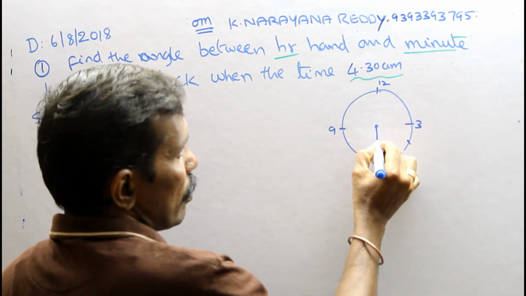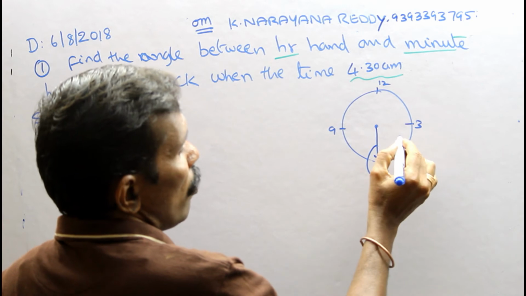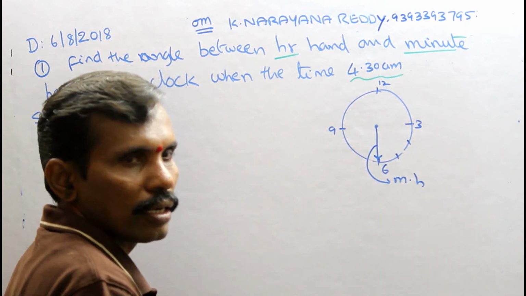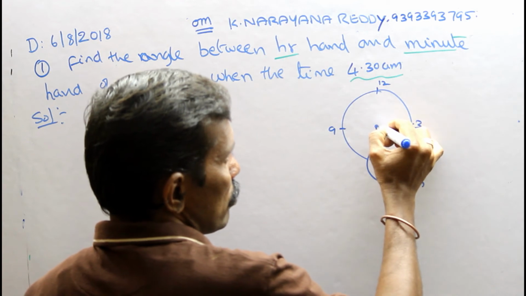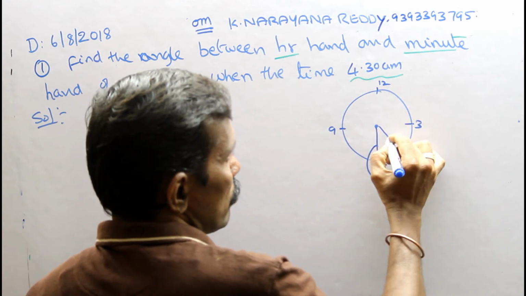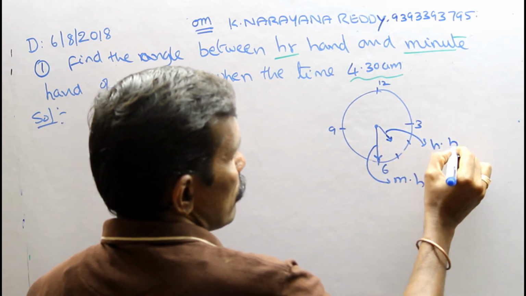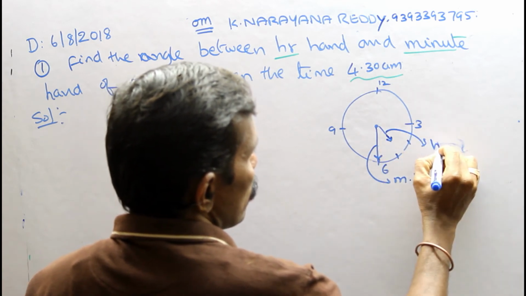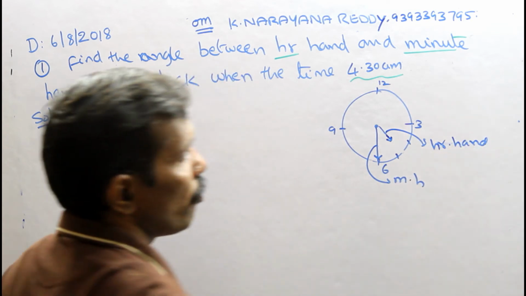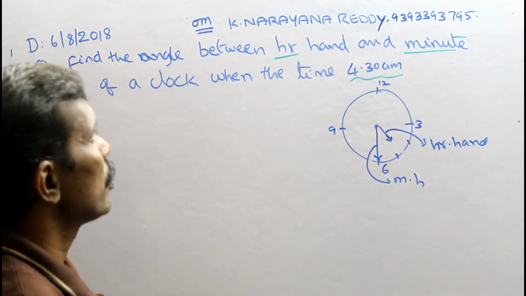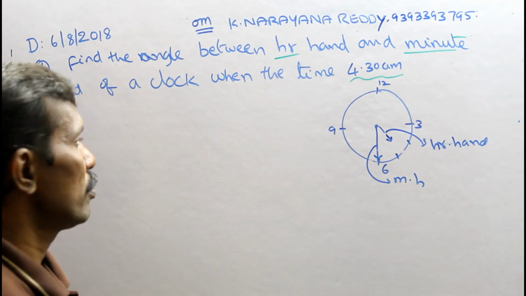The minute hand is here, this is the minute hand. 4:30 means this 4 o'clock, that is the hour hand. Hour hand, this is the minute hand. Okay, so what is the angle between these two? That you have to find out.